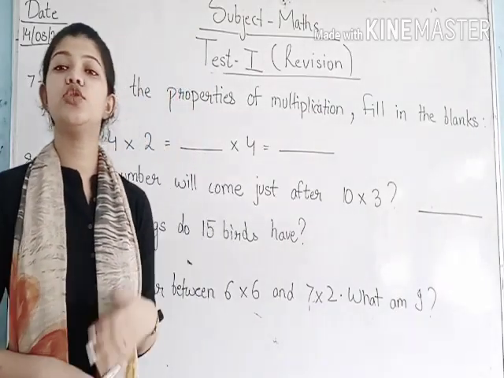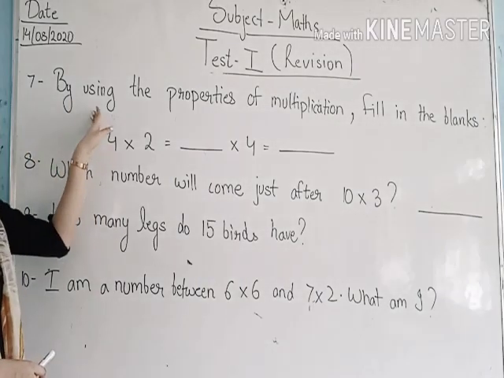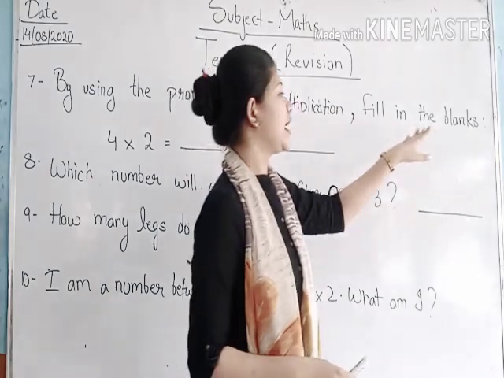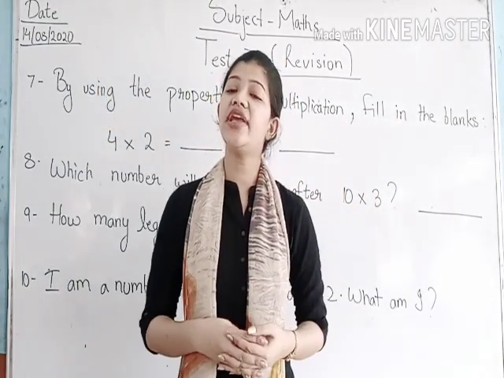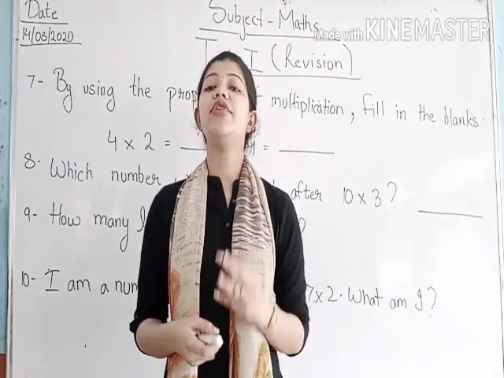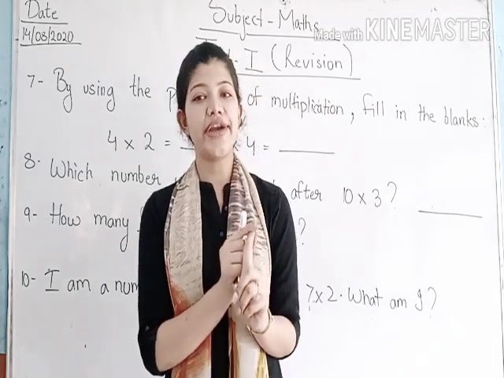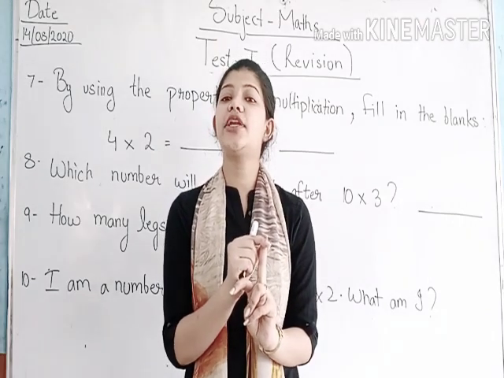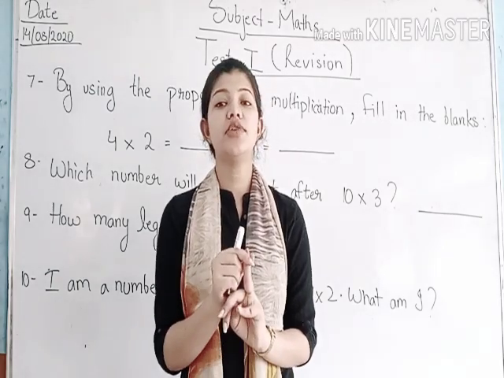I hope this question is clear to you all. Let's come to our next question, question number 7. By using the properties of multiplication, fill in the blanks. We have learned about 3 properties: first was the order property of multiplication, second was the multiplicative property of 1, and the third was the multiplicative property of 0.